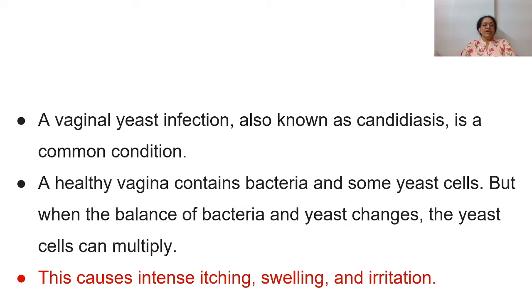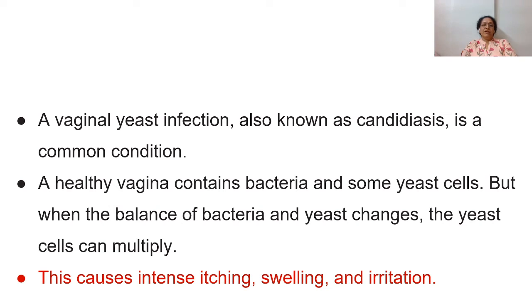A healthy vagina contains bacteria like lactobacilli. Some yeast cells are also present, but as the level of lactobacilli gets reduced because of certain reasons like antibiotic therapy, this organism overgrows, and as the balance of bacteria and yeast changes, you can see this type of candidiasis, because of which there is intense itching, swelling, as well as irritation.